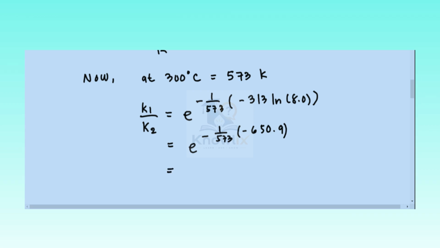Then I'm going to multiply it by negative 1 over 573. And then finally, I'm going to take e to the answer of that, which is 3.1. So the ratio k1 over k2 at 300 degrees is 3.1. I hope this helps.